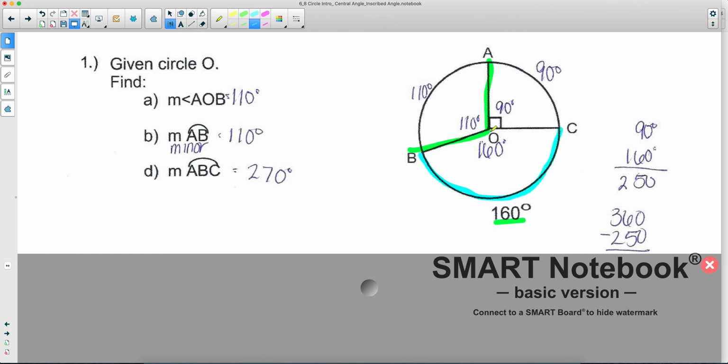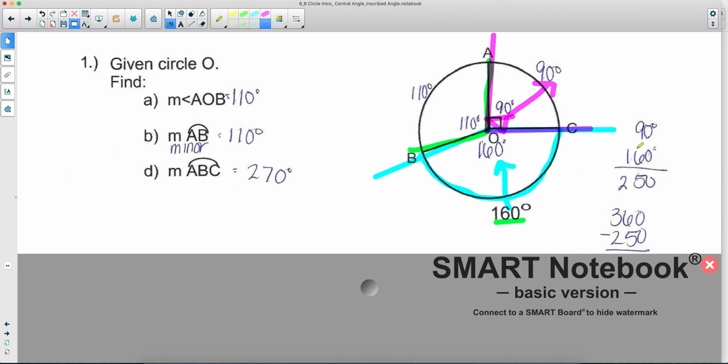That means if I form the angle with that arc, angle BOC is also 160. They also tell us up here that this angle is 90. Since it's a central angle, if I follow it out, the arc that it intercepts out here is also 90.